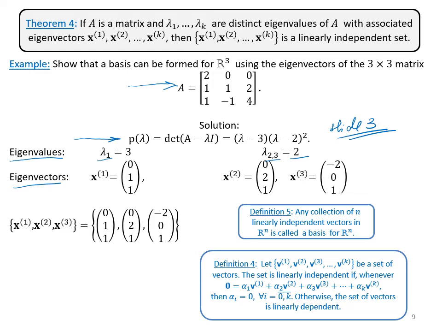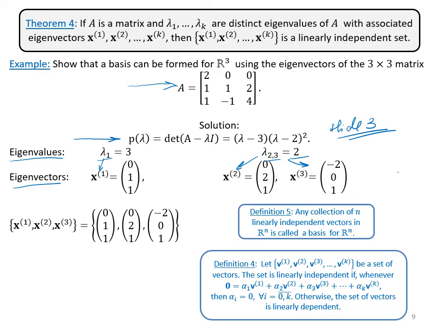And also I showed you how to find eigenvectors. Lambda 1 has just one eigenvector, lambda 2 has two eigenvectors. So right now we are going to check if we can consider this set to be linearly independent.